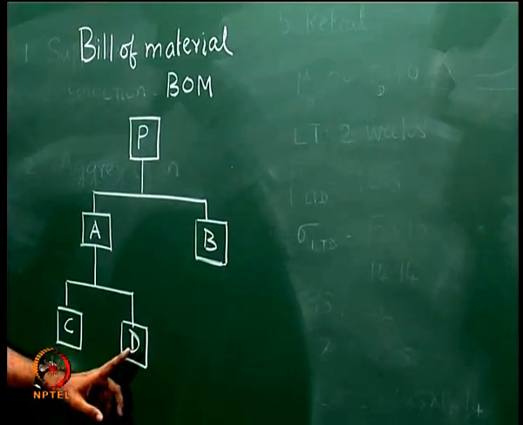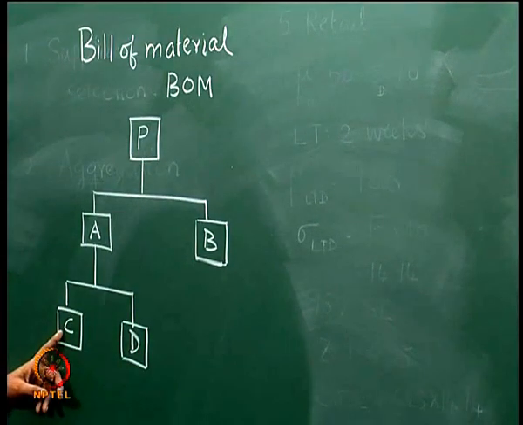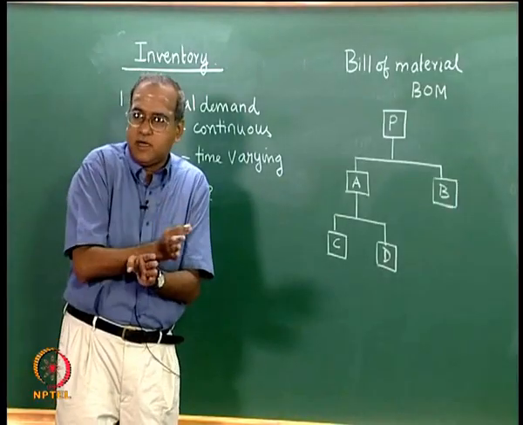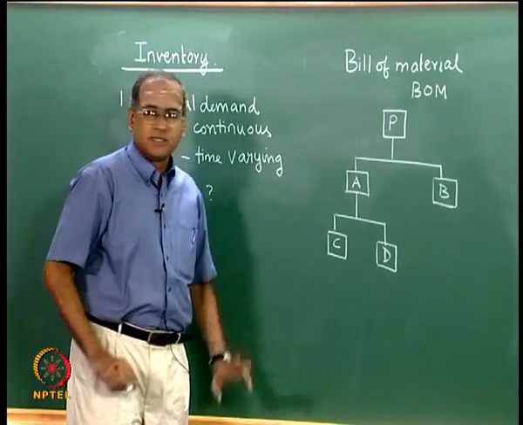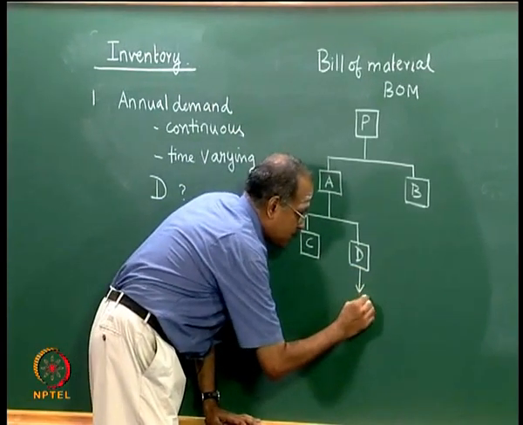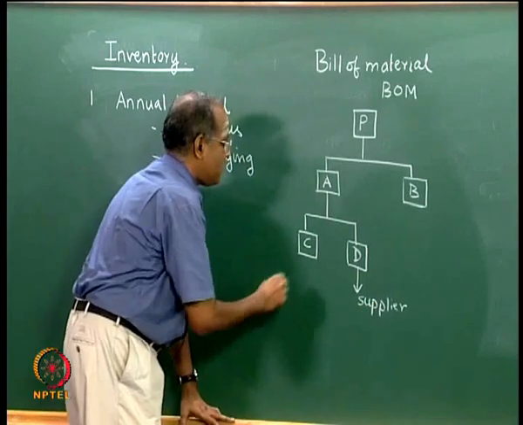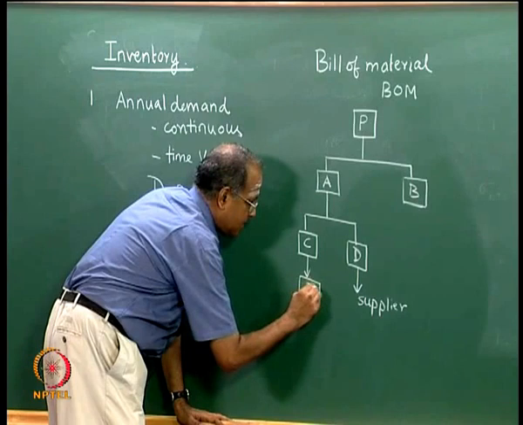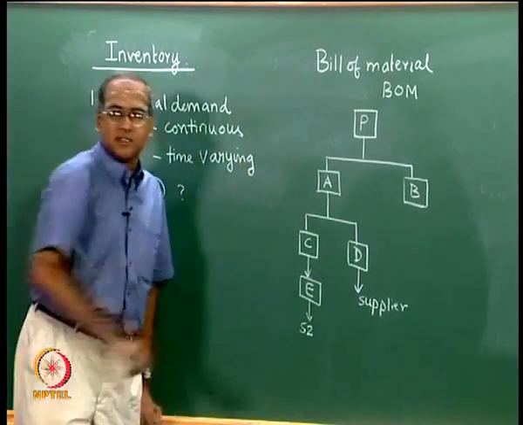where D is a bought out item and C is a machined something that comes from the supplier, undergoes manufacturing, and then it becomes a component C which goes to the assembly. So, D is bought out, so it comes from the supplier. Let us say C is actually made out of E, which also comes from a supplier, which we call S2, another supplier.